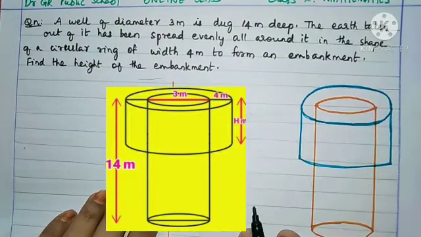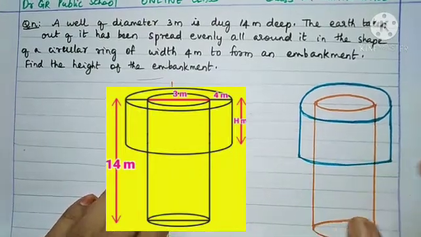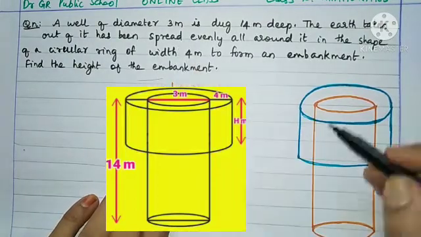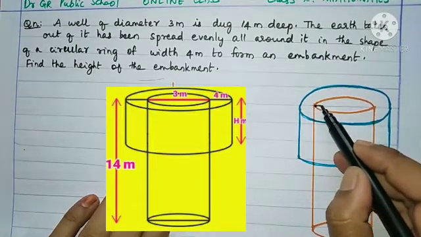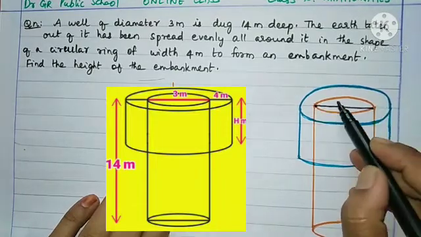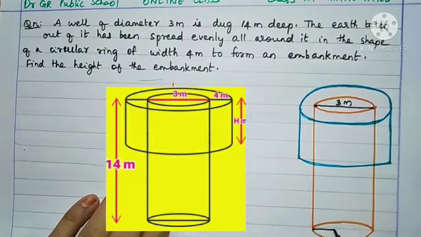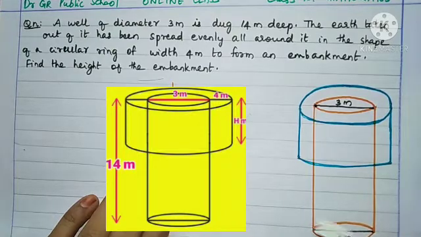Okay, so what are the things given? A well of diameter 3 meters. So this inside is the well, and this well has a diameter of 3 meters. It is dug 14 meters deep.